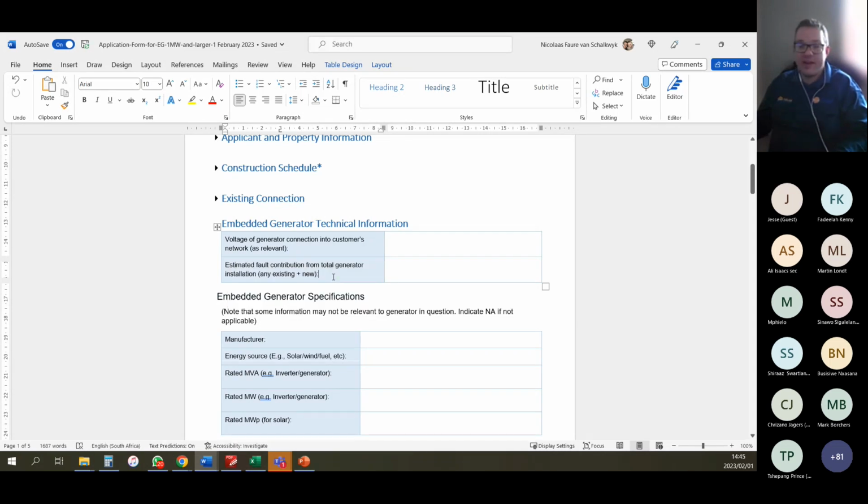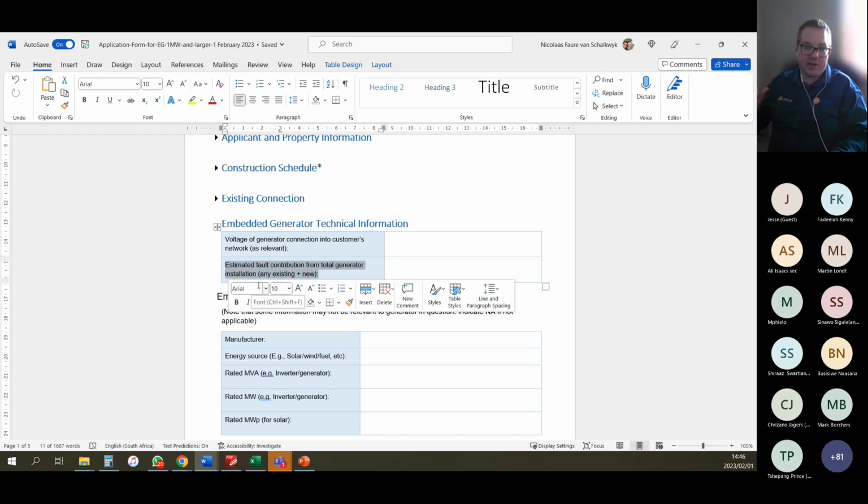That will be the existing fault current or fault conditions, added to the fault current contribution coming from the new generator. And it's these type of questions that you cannot just have, I want to say, a random admin person fill in. You will need some form of professional person or someone with a technical background to fill this in.